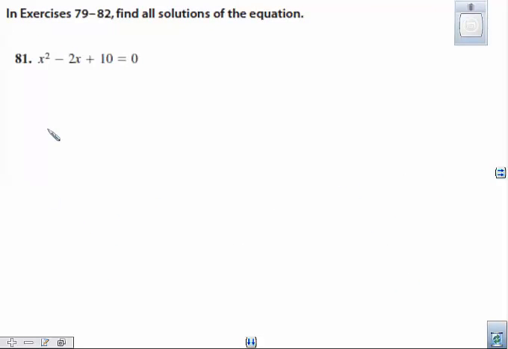81. Again, you cannot factor this. There's no combination of factors of 10, 10 and 1 or 5 and 2, that will combine to give you 2. So you have to use quadratic formula. If you don't remember it, you can sing your little Pop Goes the Weasel song.